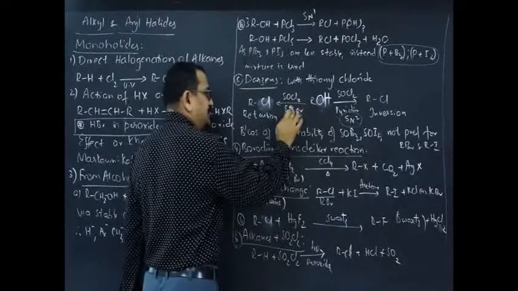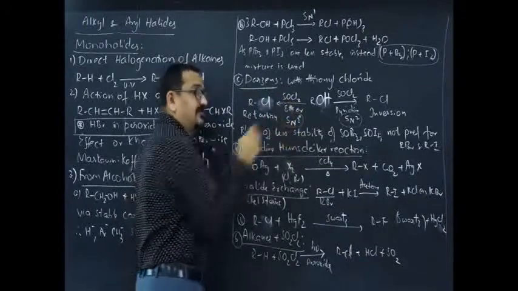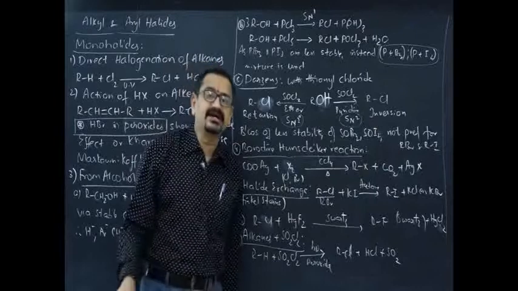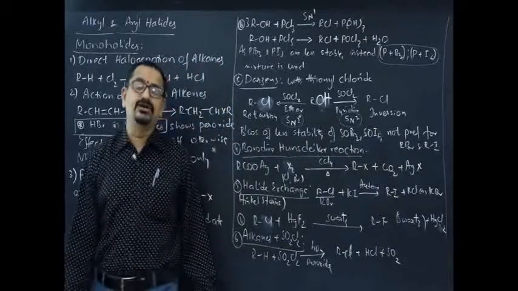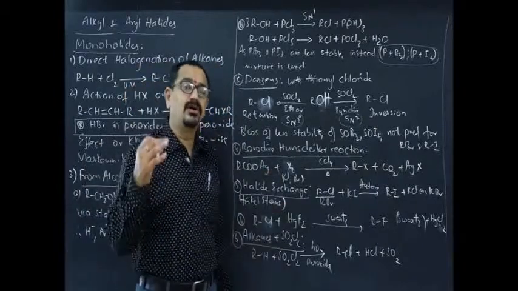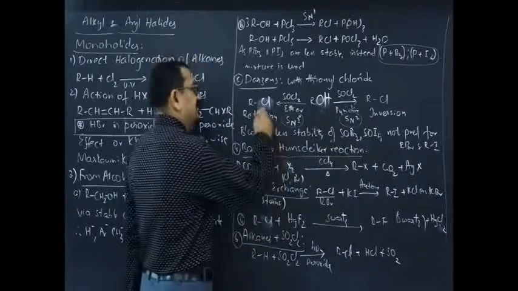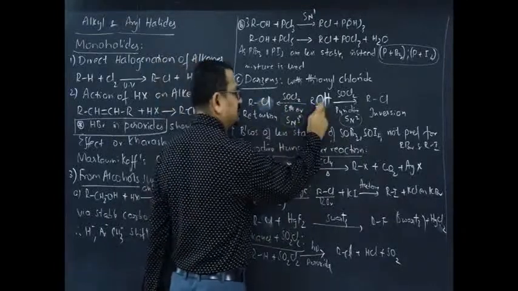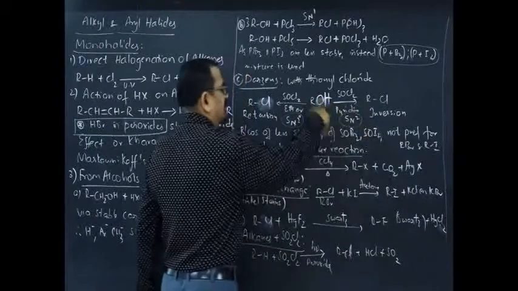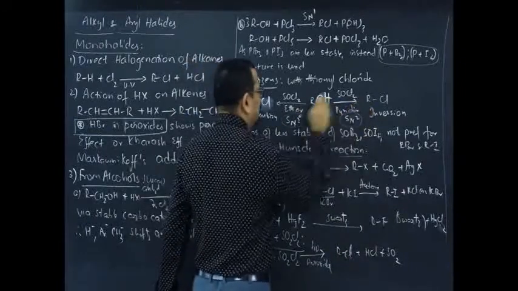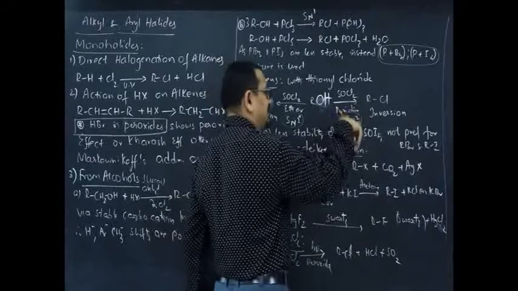When SOCl2 is in presence of ether solvent, it follows a different mechanism called SNi, nucleophilic substitution internal mechanism, where in the same direction of the leaving group, suppose this OH will be the leaving group, OSOCl will be the leaving group.